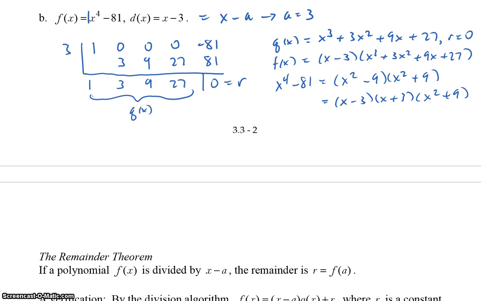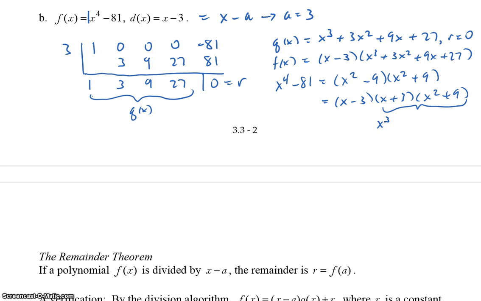Now looking at our two results, remember f of x is the same as x to the fourth minus 81 here. We have two different factorizations of x to the fourth minus 81. However, it turns out that they are compatible, because in the second form, if you FOIL the second and third factors, multiplying them together, what do you get? X times x squared is x cubed.